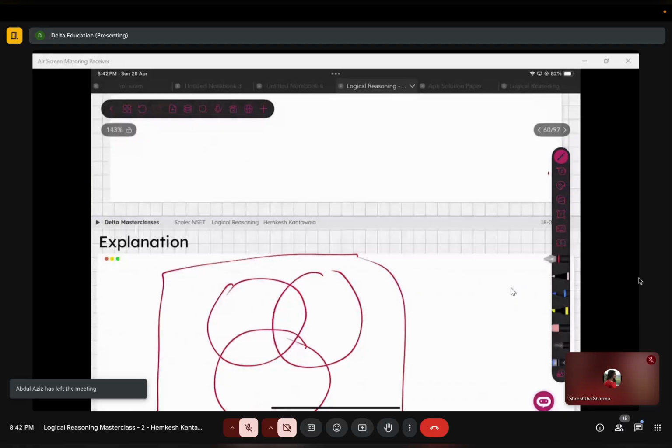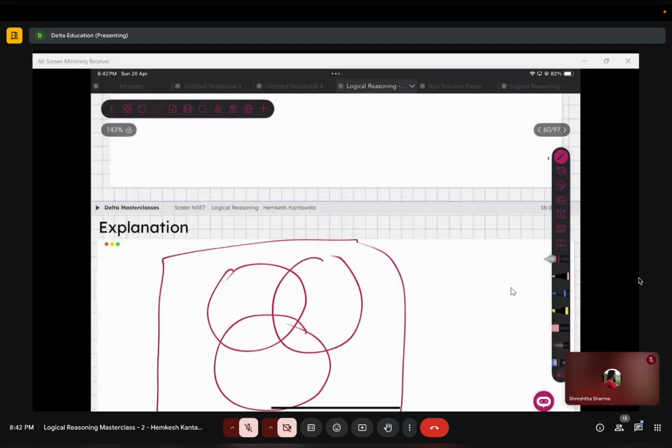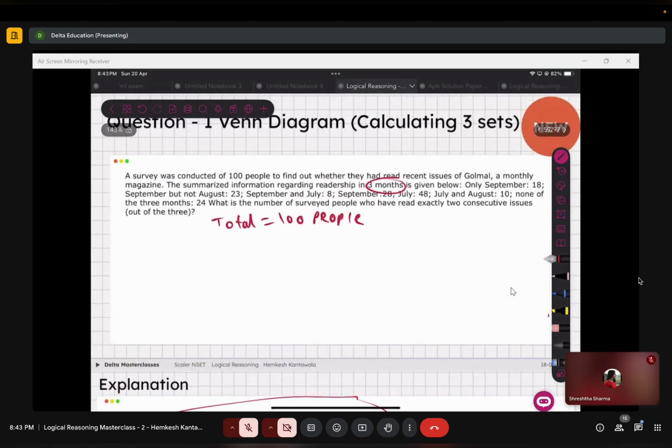First of all, why did we make an intersection of everything, and why did we not create the 3 diagrams separate? Because we assume that there is some intersection anyway. If there is no intersection, we would get the answer as 0 in any case, but we assume there is some intersection, correct? So that's the thing. Now we have 3 months.